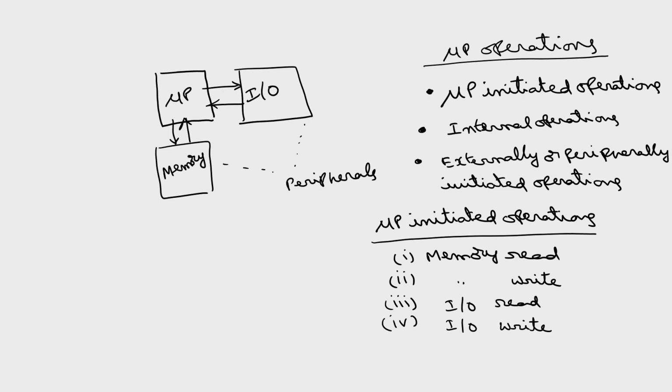Now, the question is, what are the hardware elements or circuitry required by the microprocessor to perform these operations. In order to perform any of these operations, the step by step procedure that has to be followed by the microprocessor is as follows.